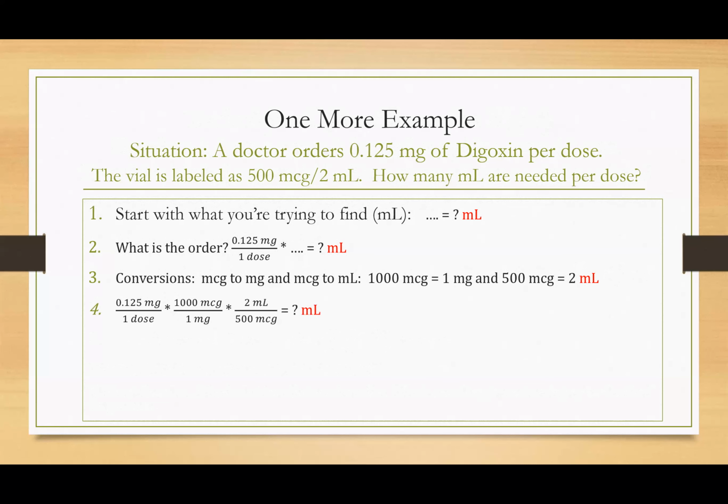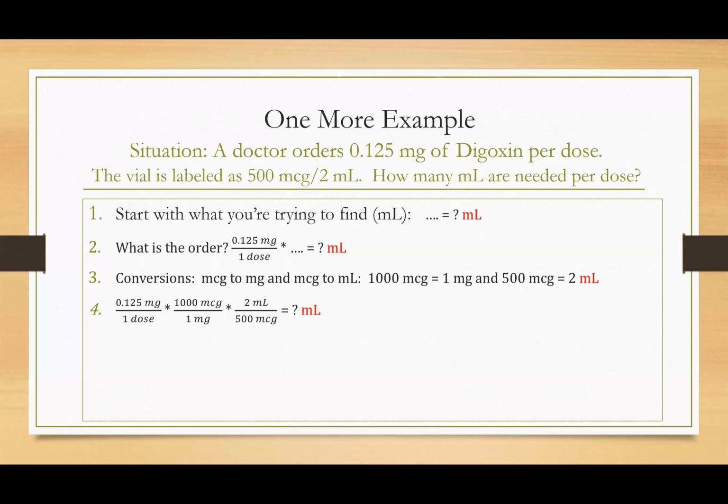Starting with our order, we're going to multiply through to kill all of the units that we do not need. So 0.125 milligrams per 1 dose, we're going to multiply by the 1,000 micrograms per 1 milligram. Notice the milligrams will then cancel. But we need to convert to milliliters, so we need to use the label from the vial, which is 2 milliliters is equivalent to 500 micrograms.